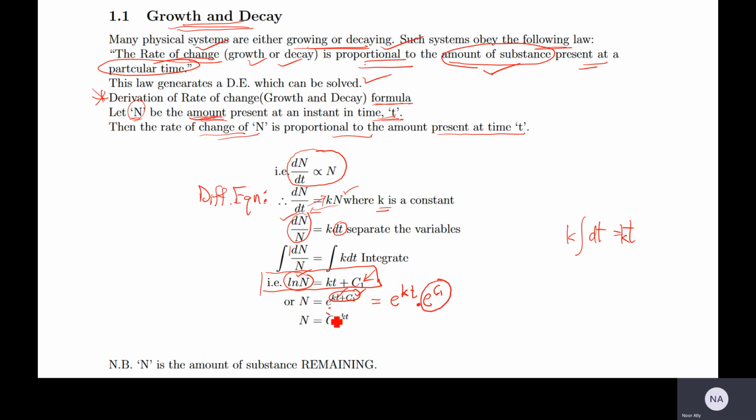I've introduced that as my c, and there's e to the kt, and this is the formula that I'm going to use when we are confronted with questions of growth and decay.